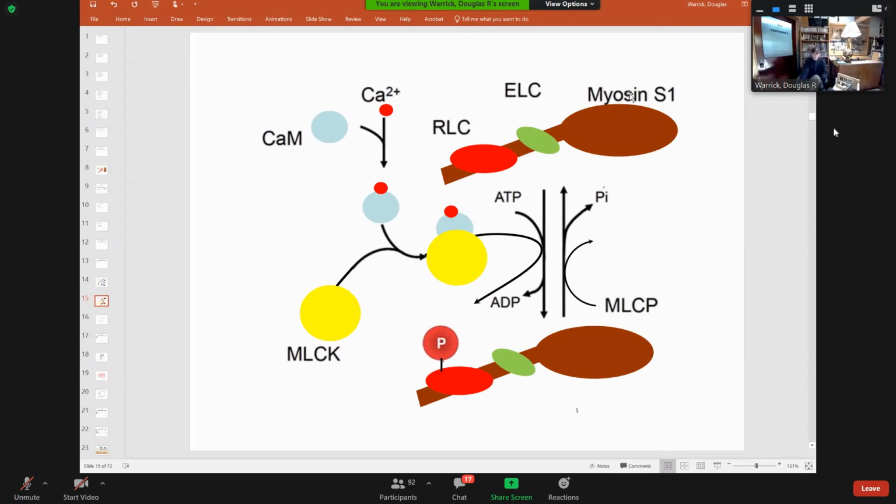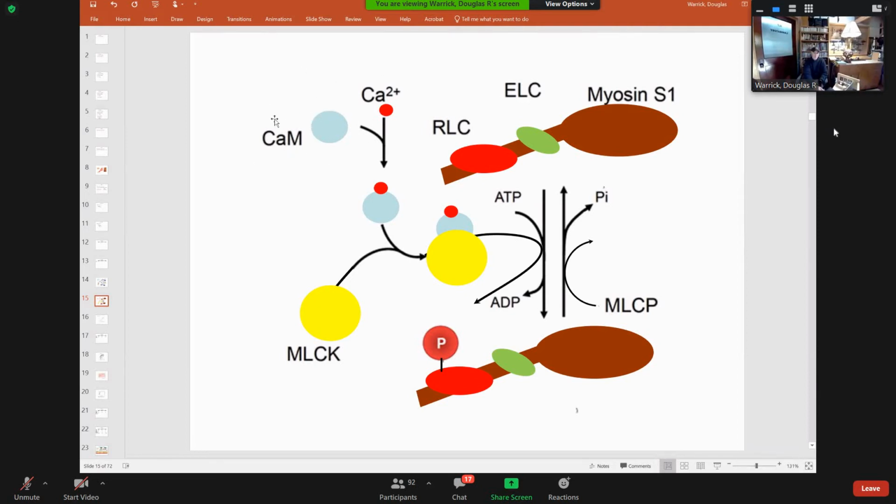And this is an introduction to one of the modulating chemical situations that changes the twitch speed of these muscle fibers. Up here, we have calcium calmodulin.